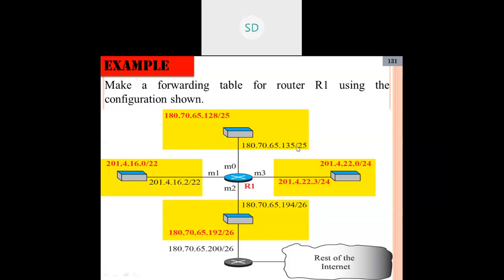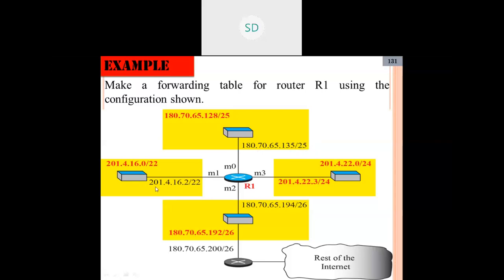In the other way, you can consider the upper 25 bits. If you convert 180.70.65.135 to binary, you consider the 25 bits from the MSB. That is the address used for forwarding the packets. We'll study that in detail. In general, we call this mask slash 25. This is the address.